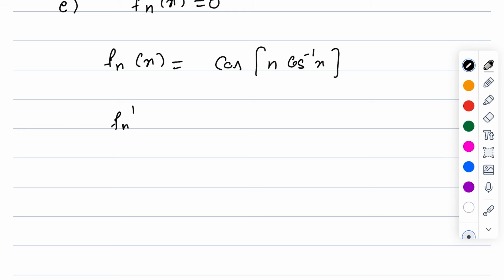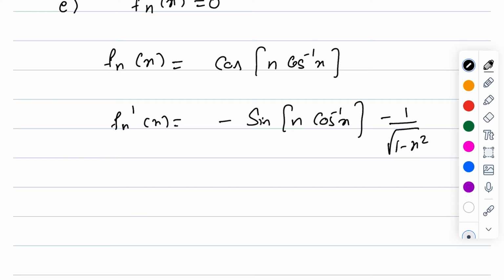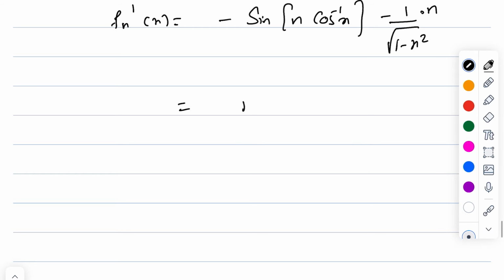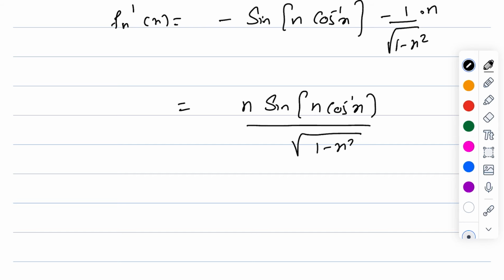So fn prime x will be, cos derivative is nothing but what? Minus sine(n cos inverse of x), and cos inverse of x derivative is negative 1 upon square root of 1 minus x square. So negative negative gets cancelled, and again times n, chain rule. So n sine(n cos inverse of x) divided by square root of 1 minus x square.